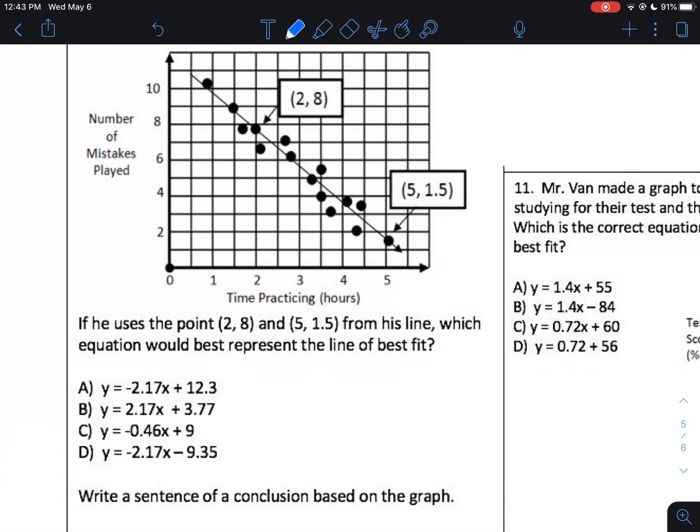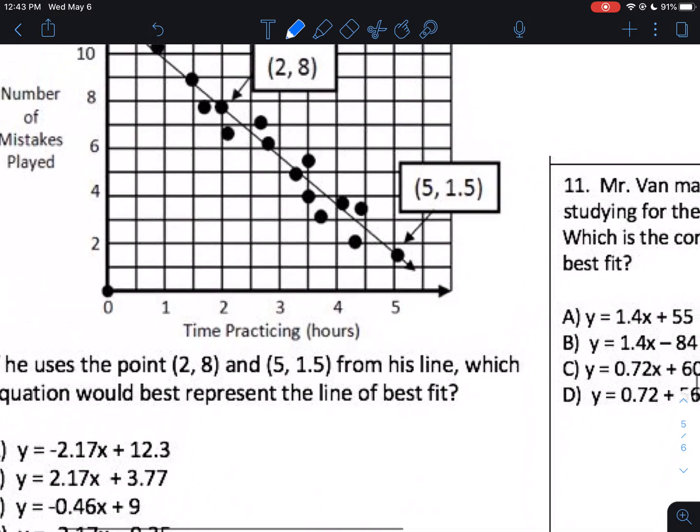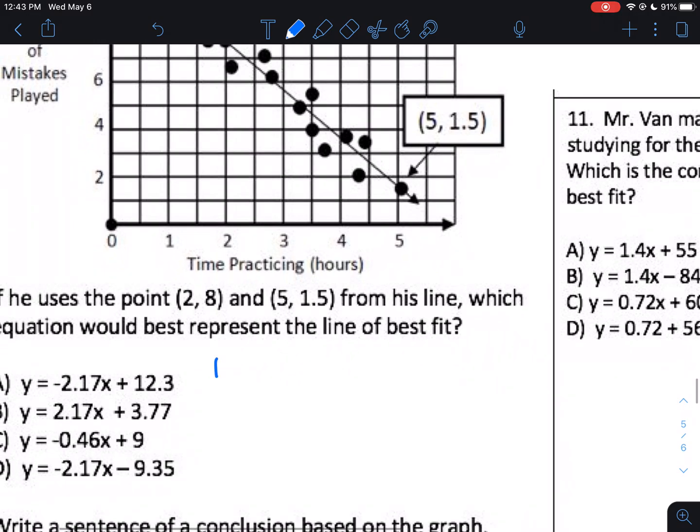So before you actually start calculating the slope, I want you to think about this in terms of what you know about a line so you can use the process of elimination on these 4 answers. The first thing that we can see here is that the slope of this line is negative.